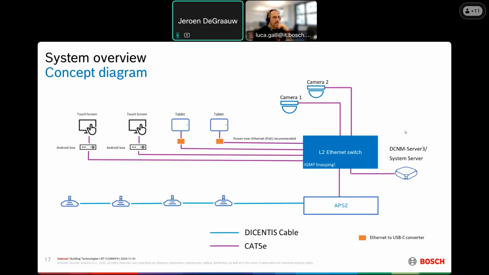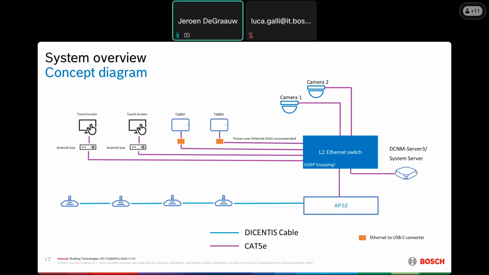Well, in this picture you see basically a block diagram of how that would look. We have taken a layer 2 Ethernet switch, which means a managed switch. We can adapt the configuration so that we can do some traffic shaping, data filtering, those kinds of things. That's why it also mentions here IGMP snooping, and I will explain the reason why you need this.